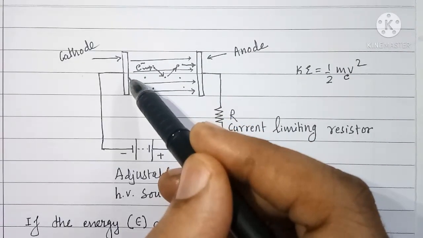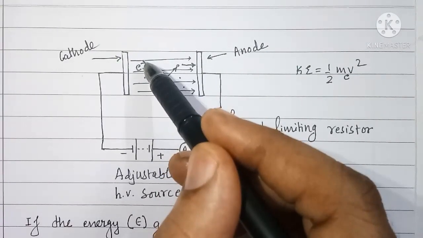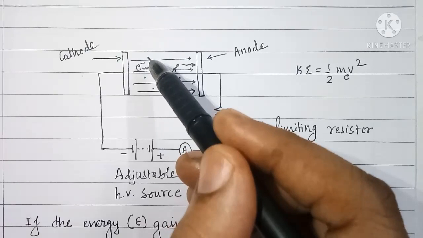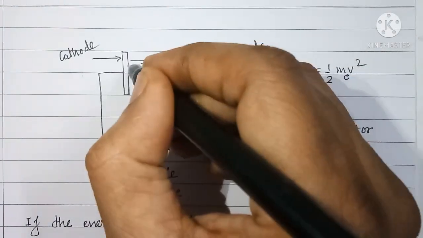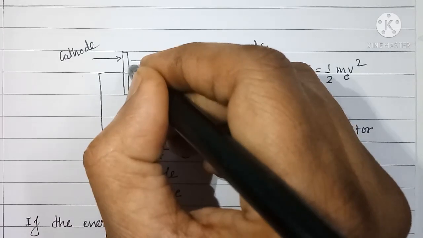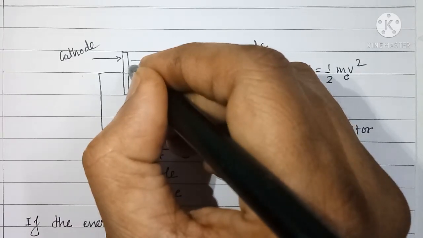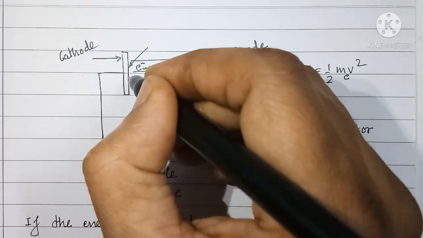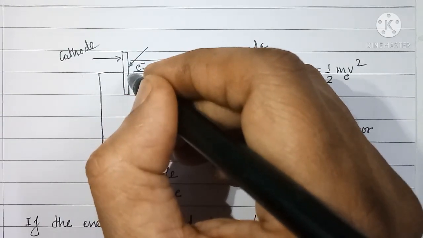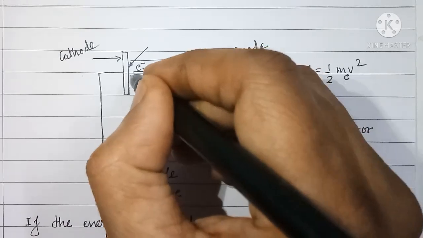The cathode here may also emit some of the electrons due to ultraviolet light falling on it.